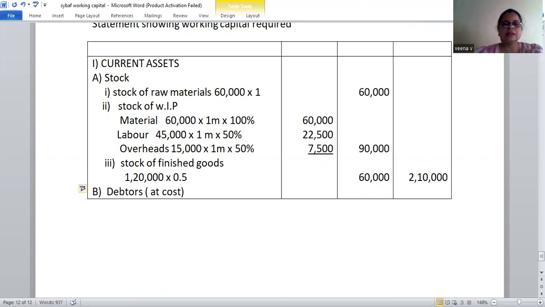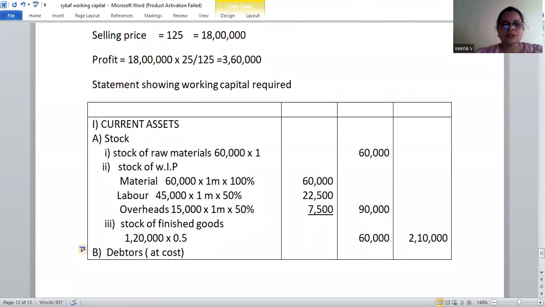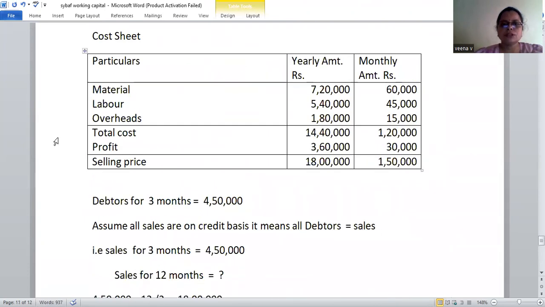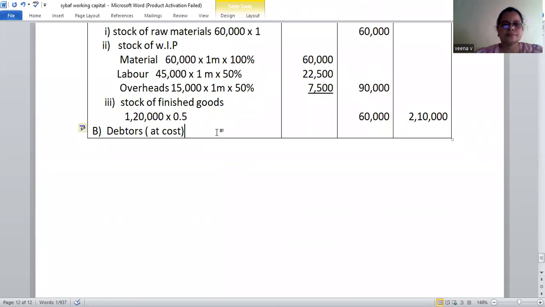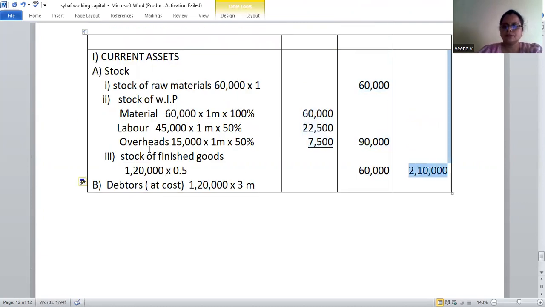So debtors are to be considered at cost price. What will be the cost for 1 month? 1,20,000, right? So 1,20,000 into 3 months. So total will be 3,60,000.